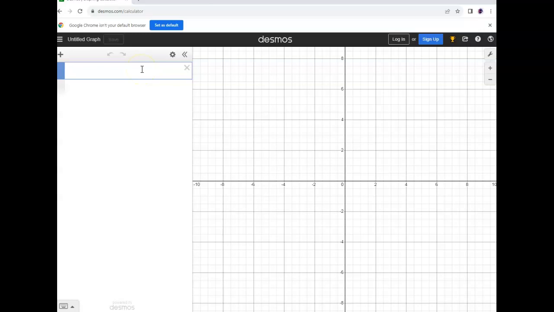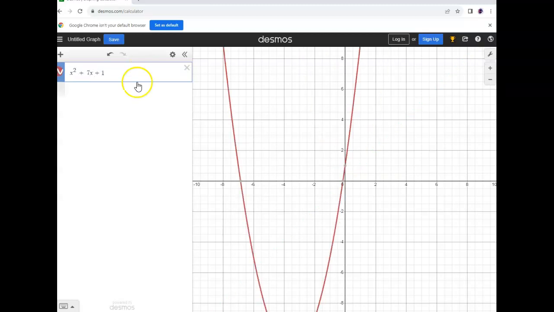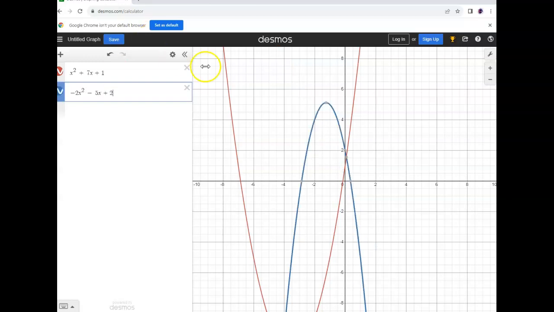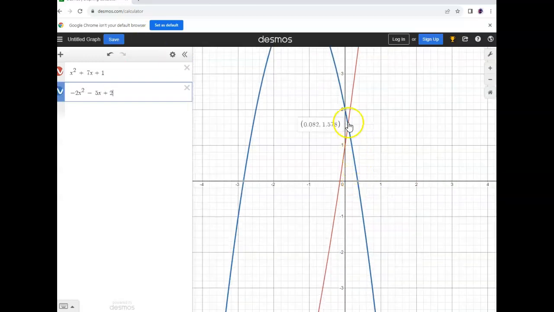So when I do that, let me type those equations in real quick. We're doing x squared plus 7x plus 1 and negative 2x squared minus 5x plus 2. Your answers are literally this. Where is the point of intersection? 0.082, 1.578.